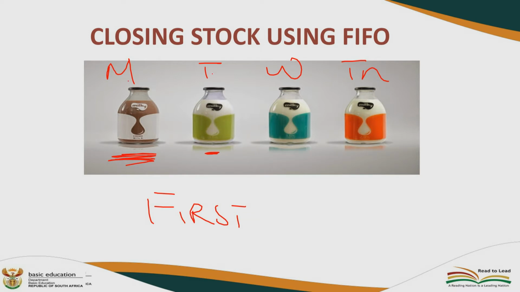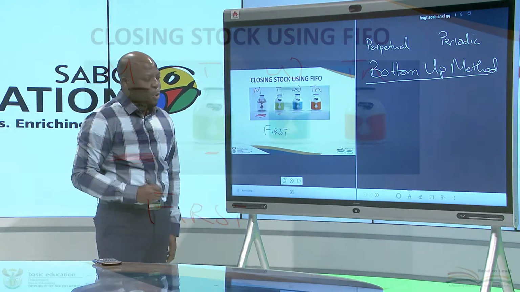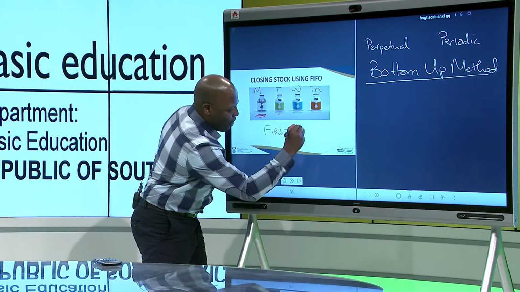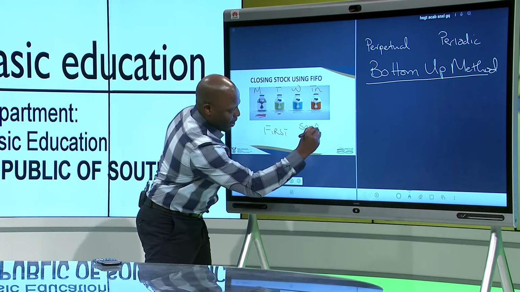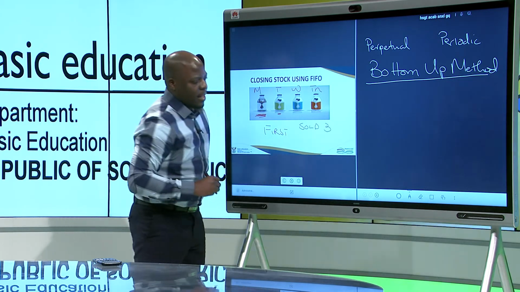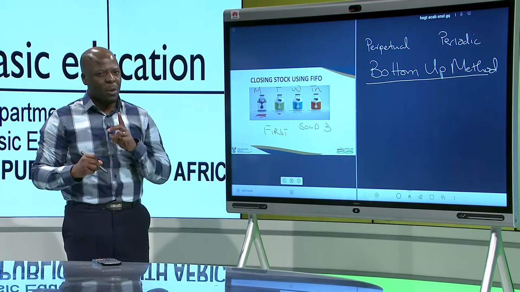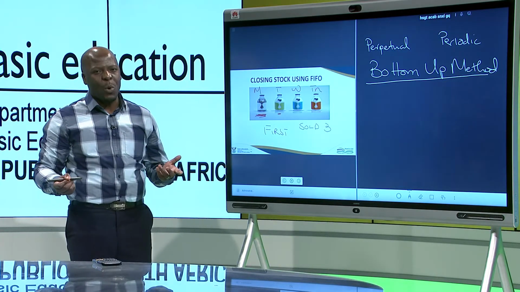Very important. Once you have understood this, the examiner will bring you a question, and the examiner will say, we have sold goods. Already in your mind, you know that when you're selling, the goods are going out of the business. Then if they tell you, we have sold 3 units, in your mind now, boys and girls, remember, how many units did we purchase?